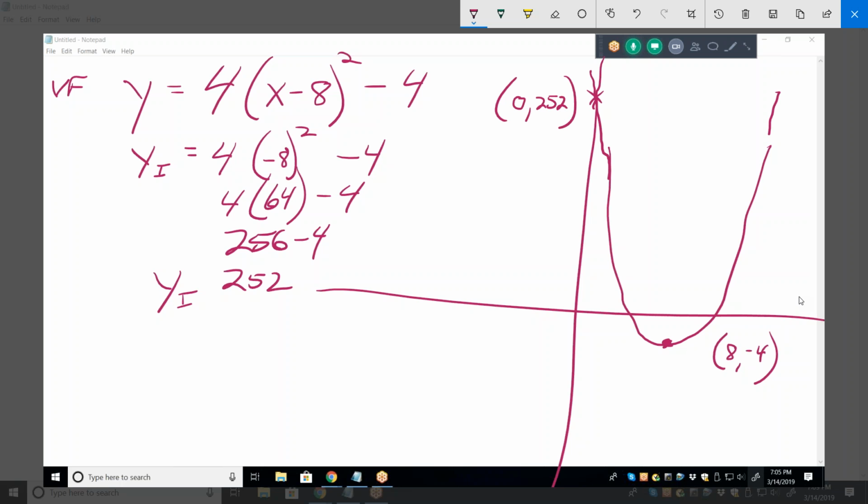And there's a point over here that is perfectly symmetrical. What are the coordinates of that point? Give me the easy one first. What's the y-coordinate? The y-coordinate would be 252. Okay, now the harder one is the x-coordinate. It's not that hard though.